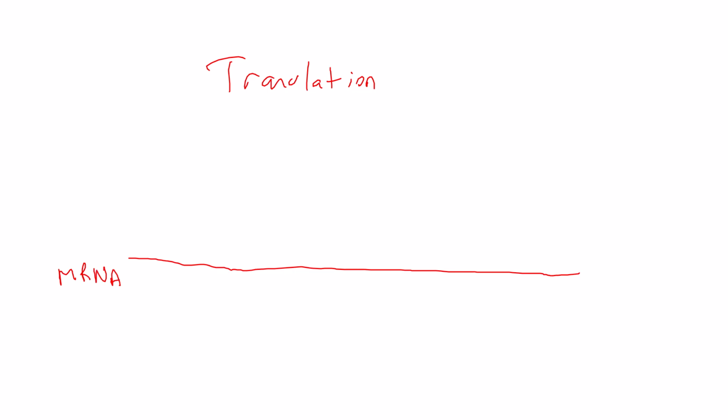Alright, so let me show you what's happening in translation. Then I'll show you pictures that are from our book as well. Now let's pretend here that this is mRNA. On the mRNA, imagine the line, this is where the sugars and the phosphates are.